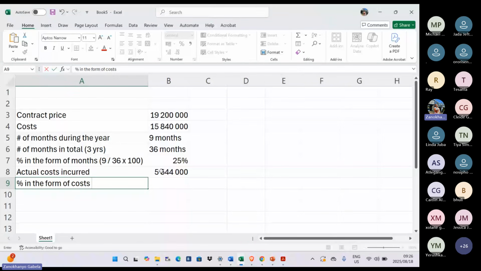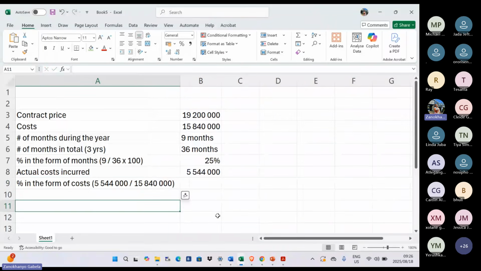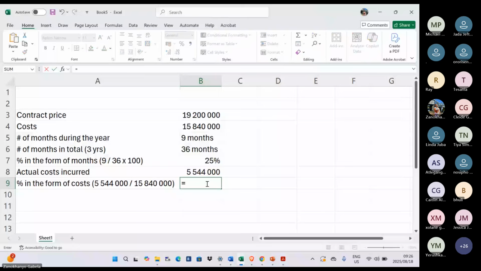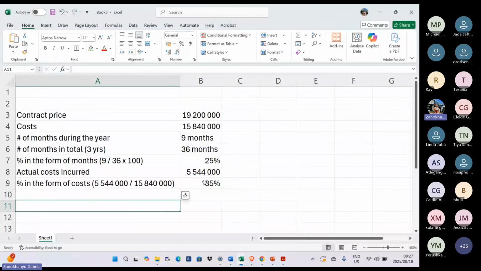That means we are going to say 5,544 divided by 15,840. I wonder how much this is. Let's check. That divided by that. Yes, perfect. It's 35%. Perfect.